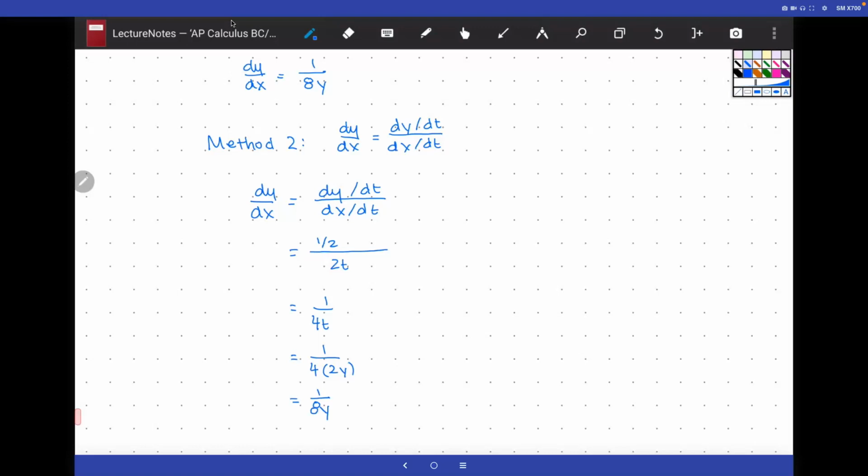Wait, you lost me at the end. Can you use one or both of the methods to find just the velocity of the horizontal component? dx/dt is the velocity of the horizontal. Gotcha.